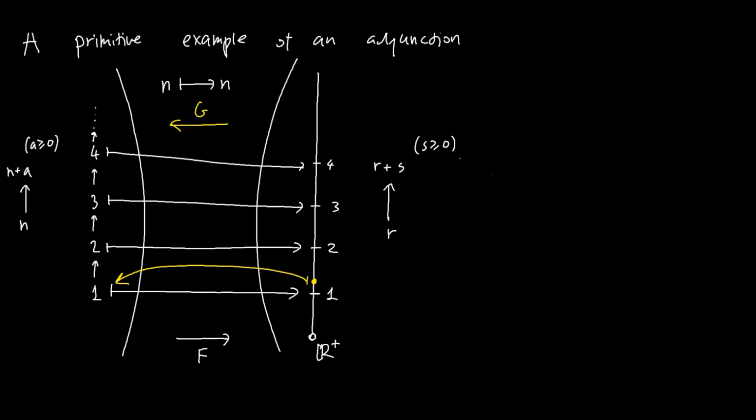If I take, let's say, 1.2, I apply g to it, and then I apply f to it, I'm going to get 1, and I have an arrow from 1 to 1.2. So I have the eta situation here, right?